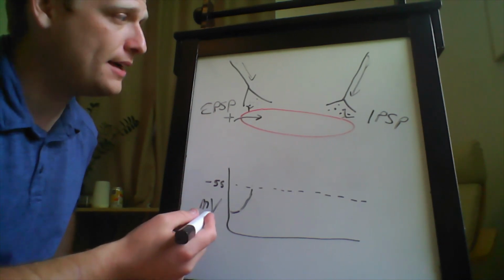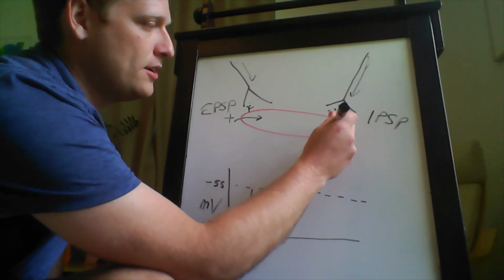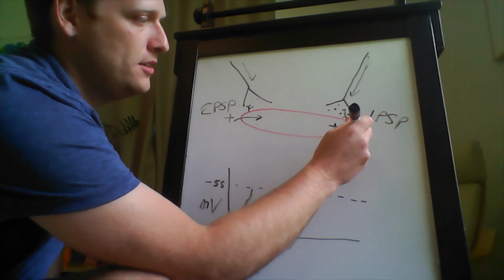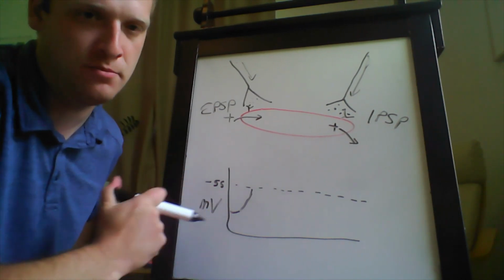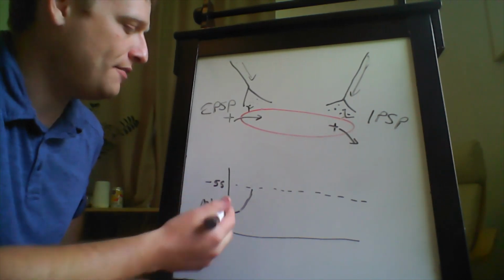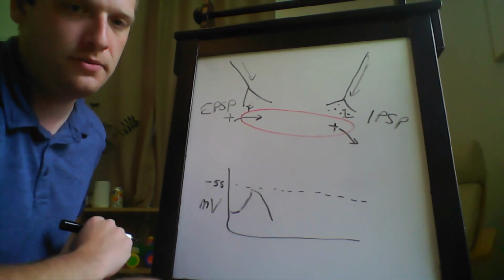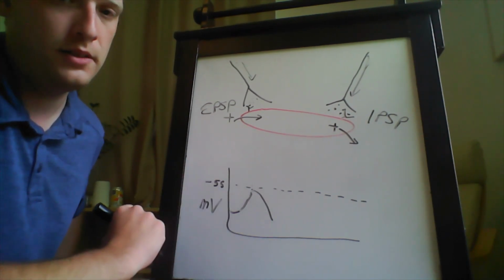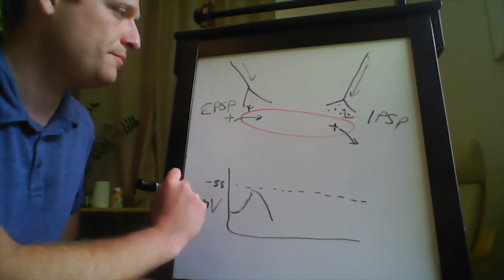So how do we do that? Well, one way is by opening a channel that allows positive ions to flow out of the cell. So this would be like opening a potassium channel. It would have an inhibitory effect that would lower the voltage away from the threshold value of minus 55.